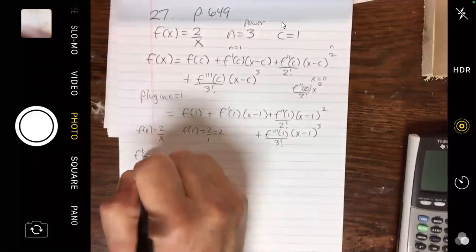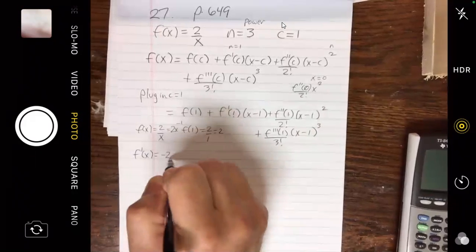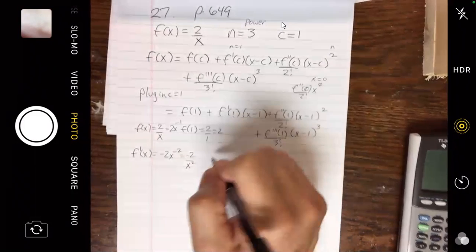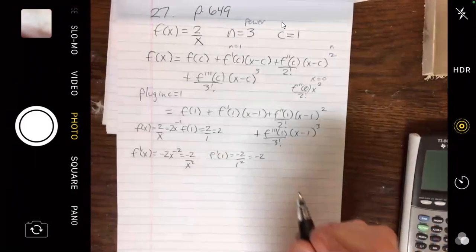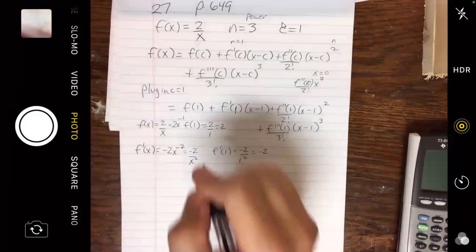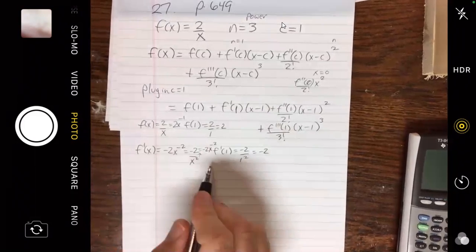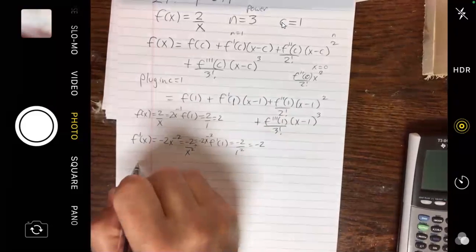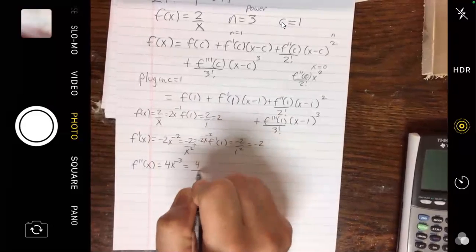Next one, f prime of x. You can write this as 2x to the negative 1, so you get negative 2x to the negative 2, which is negative 2 over x squared. F prime of 1 would be negative 2 over 1 squared, which is negative 2. For the next derivative, f double prime of x would be a positive 4x to the negative 3, which is 4 over x cubed.